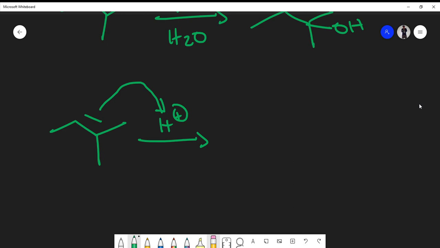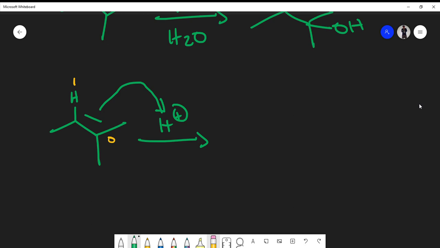Let me label this with some arbitrary numbers: let's say this is carbon 1 and this is carbon 0. On carbon 1, we have one hydrogen, we just didn't write it in. Carbon 0 contains no hydrogens, so carbon 0 is more substituted, so we should expect, according to Markovnikov's rule, that the nucleophile will be on carbon 0, again, the more substituted carbon.